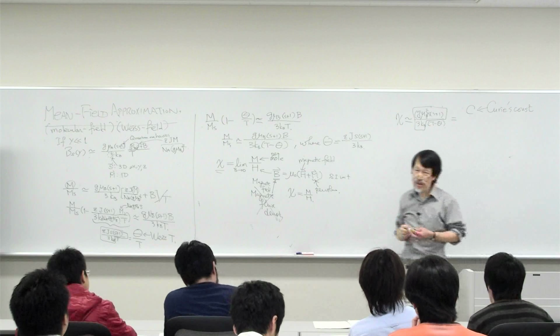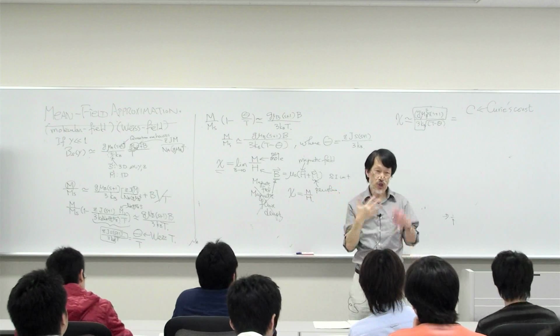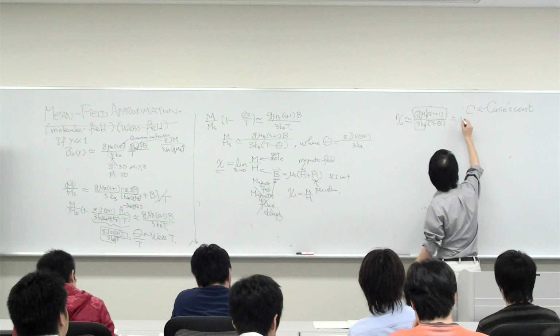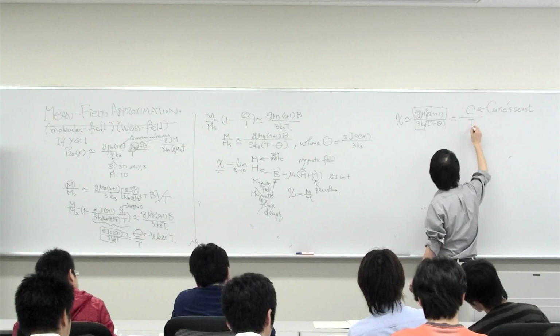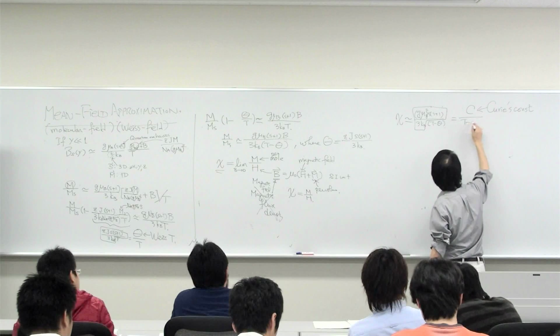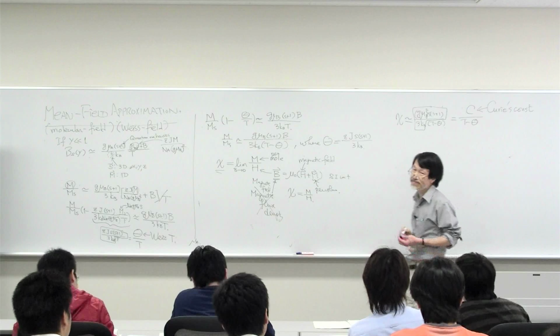You have seen this when you were an undergraduate student, for magnetic moments which do not interact with each other and are placed in a magnetic field. In Curie's law of susceptibility, you have T, but instead of T, you have T minus theta.